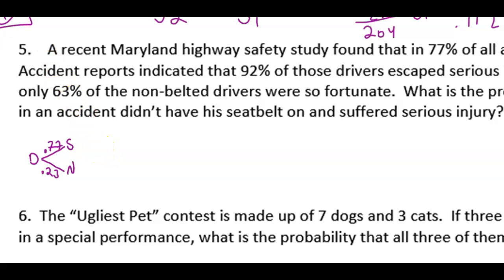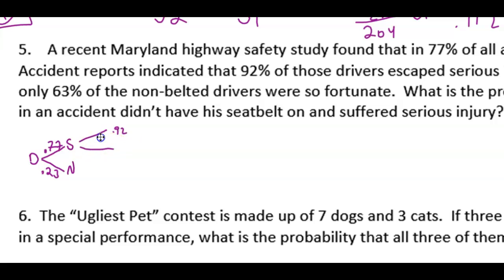Now, continuing with the problem, it says that accident reports indicate that 92% of those drivers escaped serious injuries. So of the 77% that wore their seatbelt, 92%, or 0.92, did not have serious injuries.